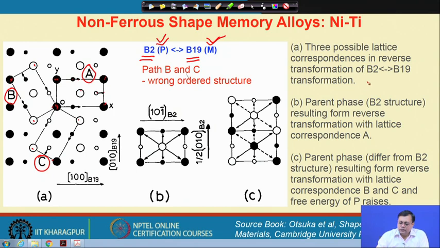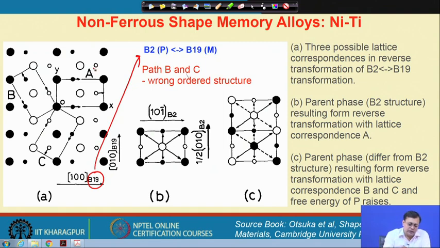However, the 3 different correspondences occur by the reverse transformation from B19 to B2, because once it is an ordered structure, we have to go back from a B19 to a B2 structure. Now, how is the B2 structure, that is the parent B2 structure? If we take a type of B19 structure and transform it into a B2, then it will look like this.